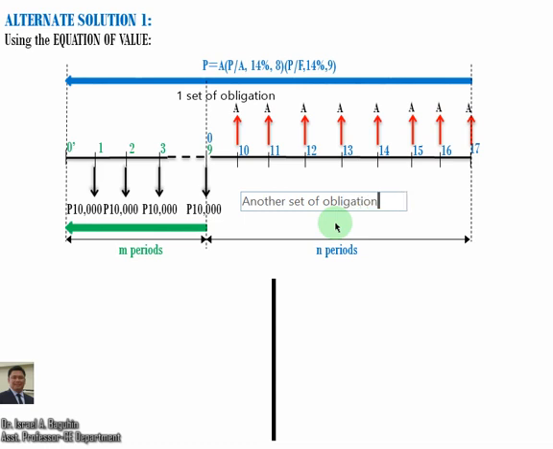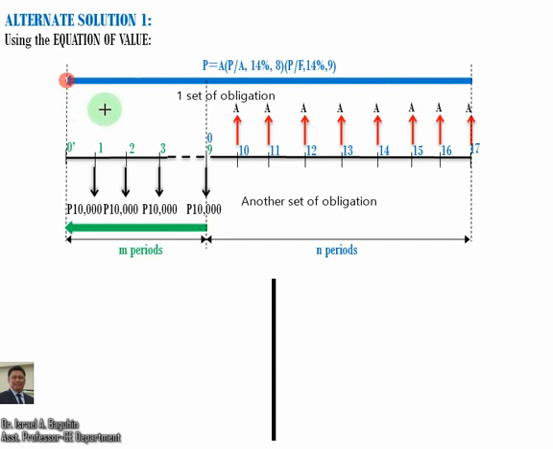Okay, so actually we can consider first this annuity A as one set of obligation, and we are going after this point here. Okay, we will consider this one as point 1.